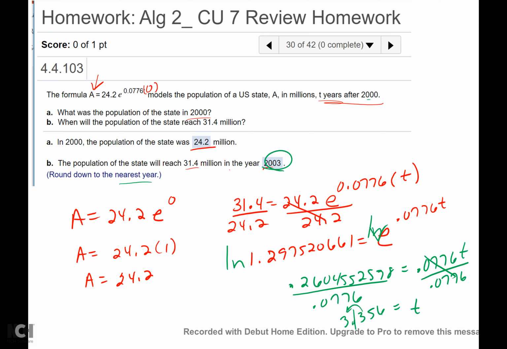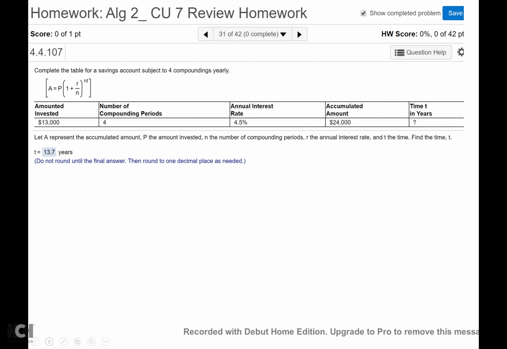Alright, complete the table for a savings account subject to 4 compoundings yearly. Alright, so we have this formula. So the amount invested, we're looking for the amount we accumulate, right? No, we're looking for time.